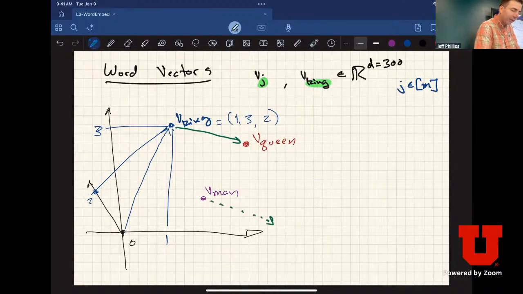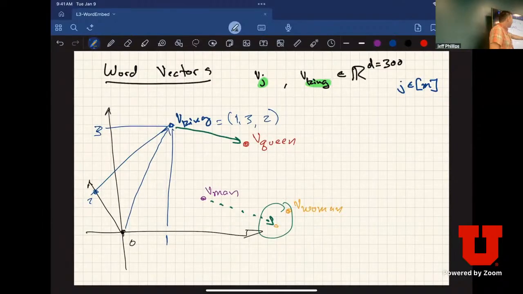And then I could look in the neighborhood of what was added here. And it turned out the most similar word to this endpoint might often be, like in this case, the word woman.